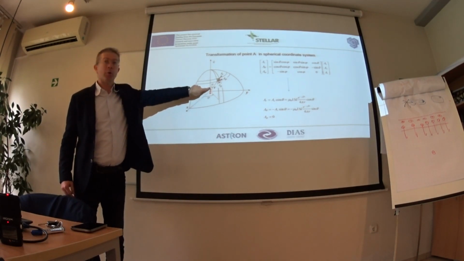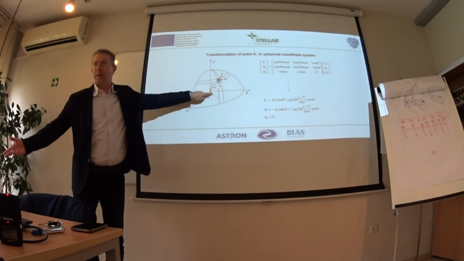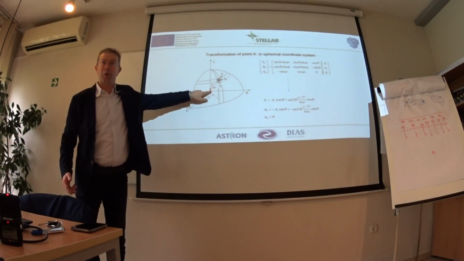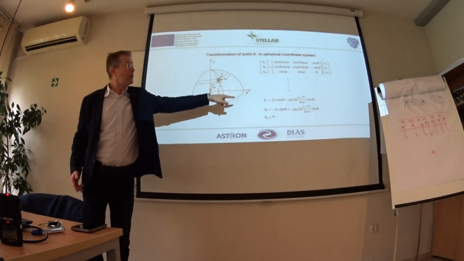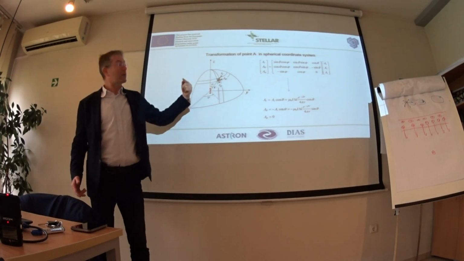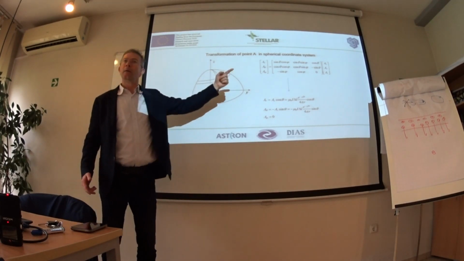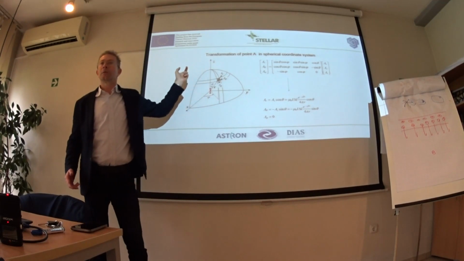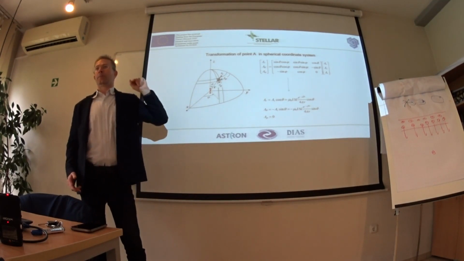If we have a dipole here, and on the arms of the dipole a current is flowing, then using these things we can determine the field at any position around the dipole.